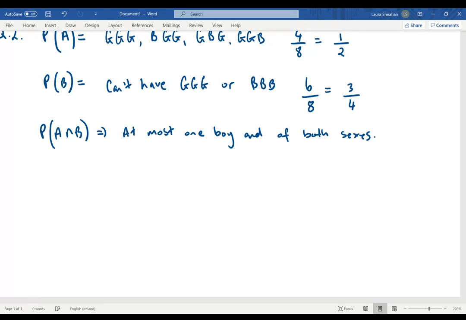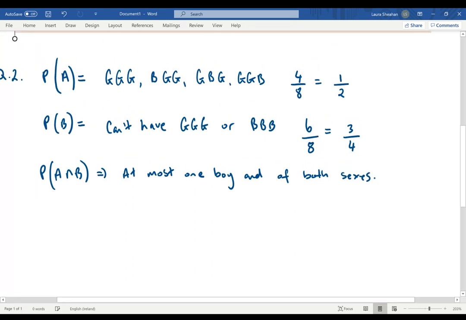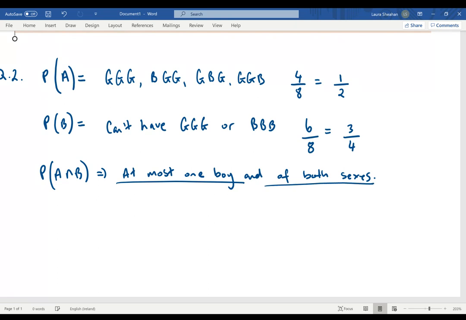From A, we know that to have at most one boy there are 4 outcomes: girl, girl, girl; boy, girl, girl; girl, boy, girl; girl, girl, boy. But if they have to be of both sexes, then girl, girl, girl we can't count. So there are 3 remaining choices. So there are 3 out of 8 that could be A intersection B.